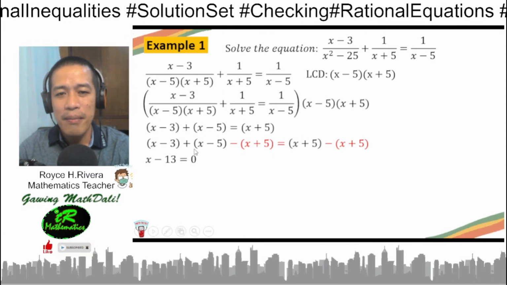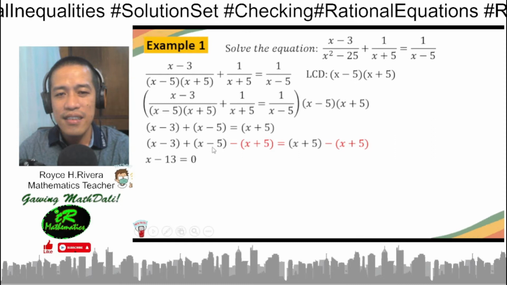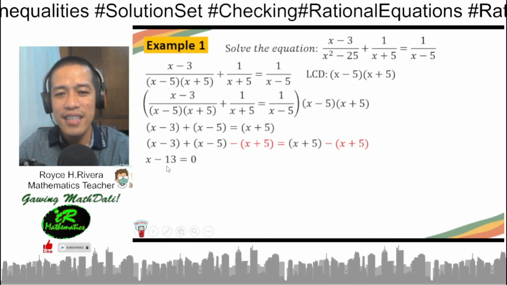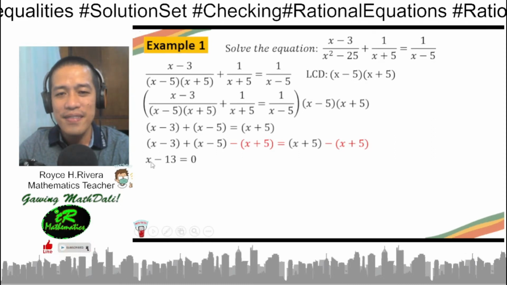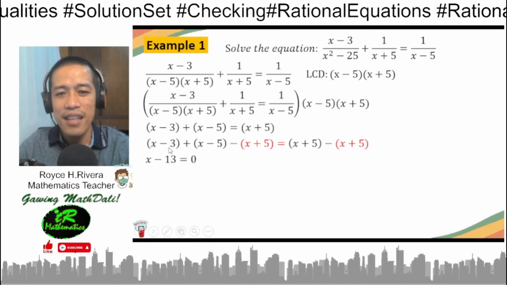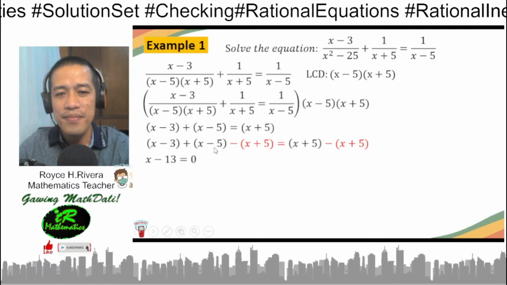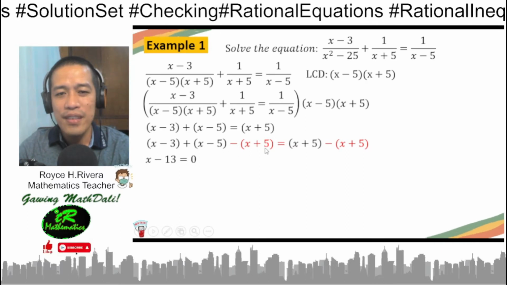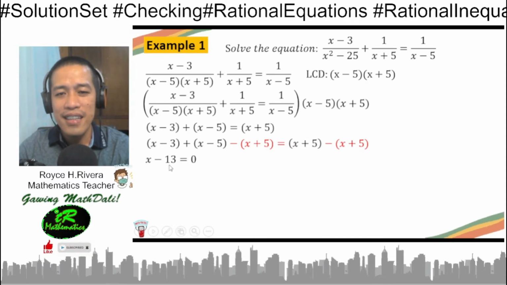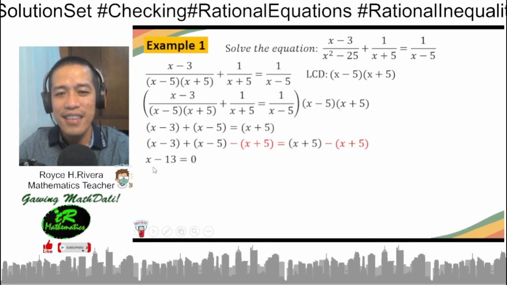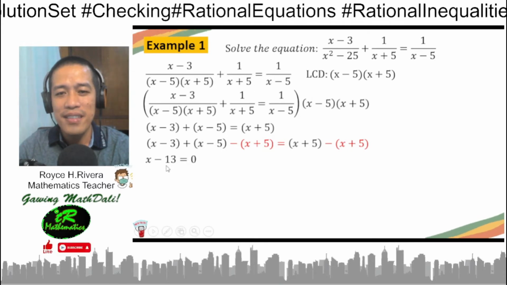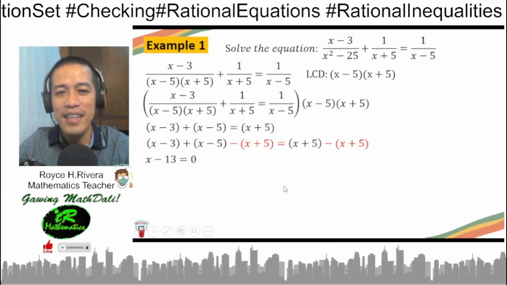x plus x minus x is x. Negative 3 plus negative 5 minus 5 is negative 13. So we have x minus 13 equal to 0.